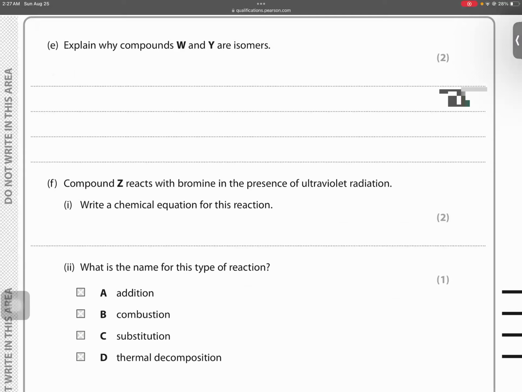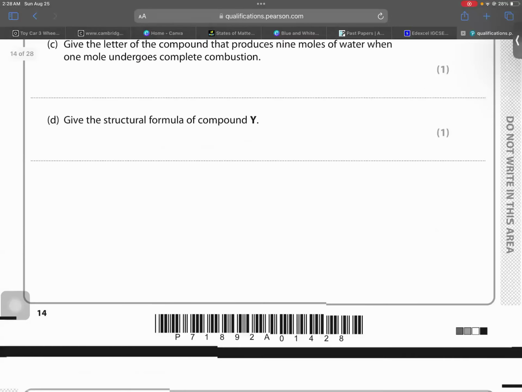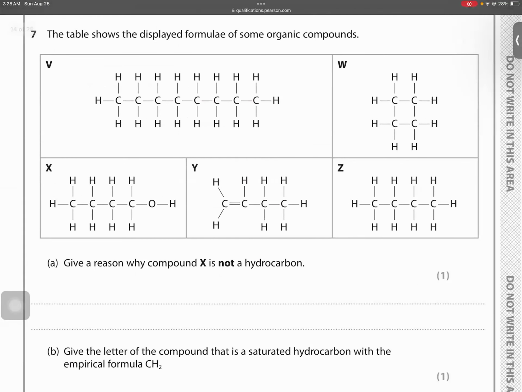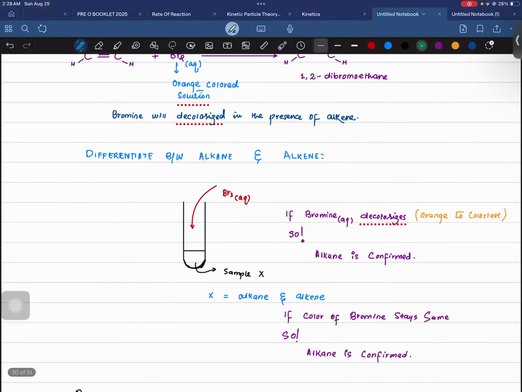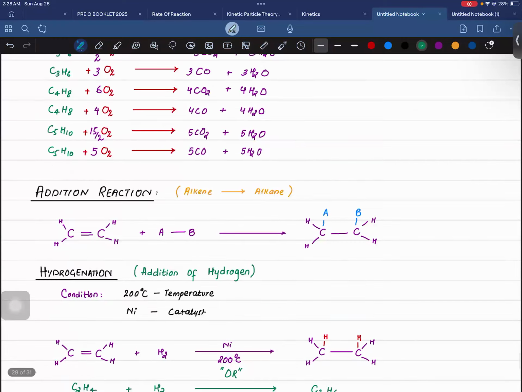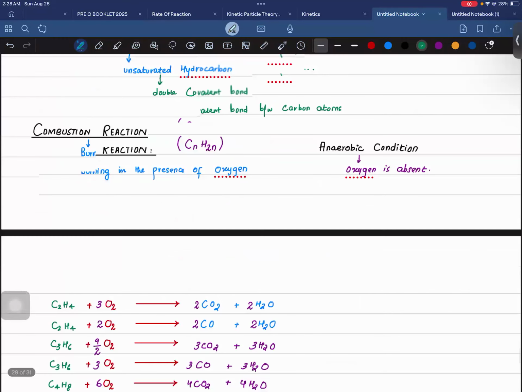Write a chemical equation for this reaction. Okay, compound Z is this. This is compound Z, like this is butane. So we can do this chemical property of alkane, in which I told you substitution reaction.